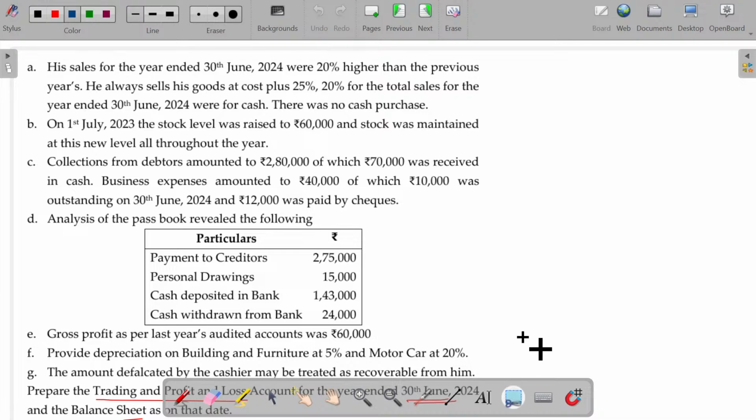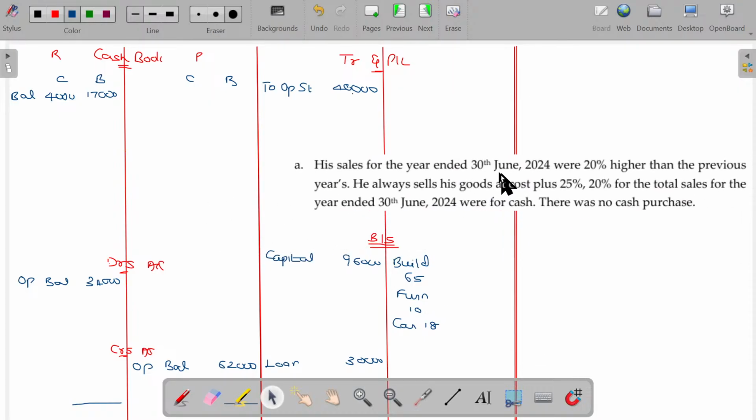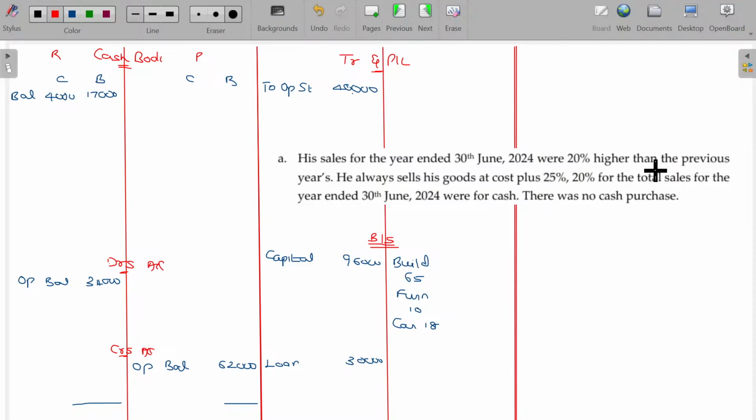Let's start with adjustments. Adjustment A. Higher by 20% compared to the previous year. He always sells the goods at cost plus 25%. If the cost being 100, they need to add profit of 25 rupees, sale price being 125.